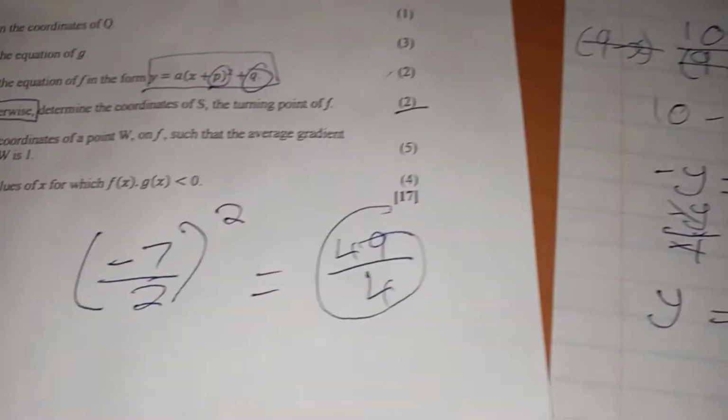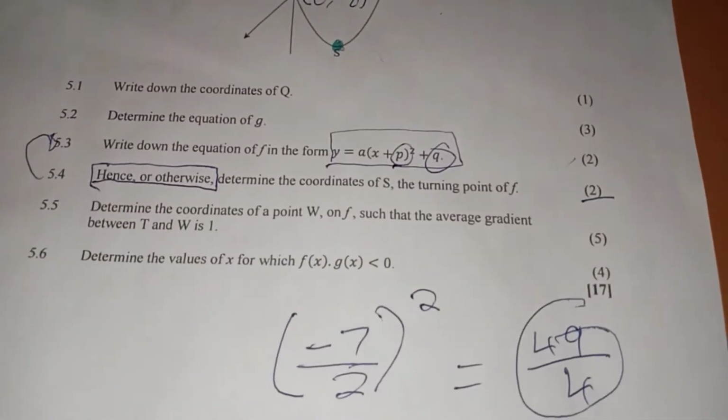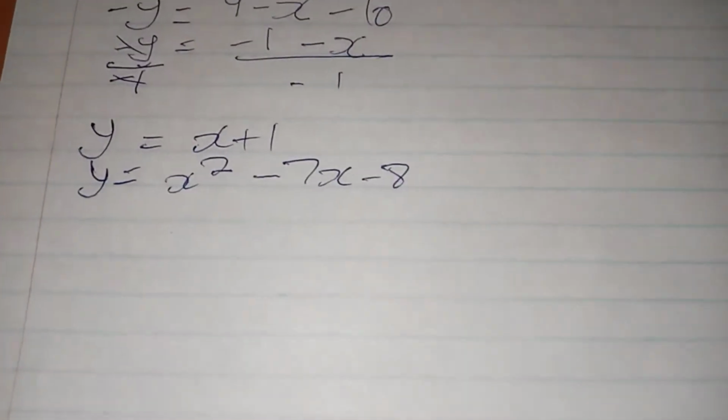So please do not forget that we were told that W, which is the point we are looking for, is a point on F, which is the parabola, right? So our parabola was given in terms of x squared minus 7x minus 8.